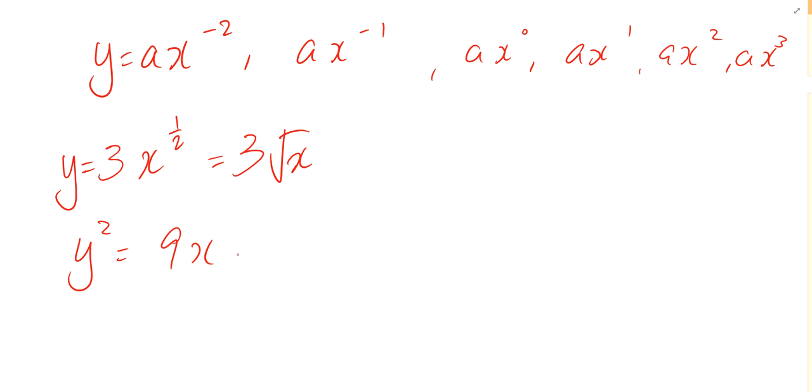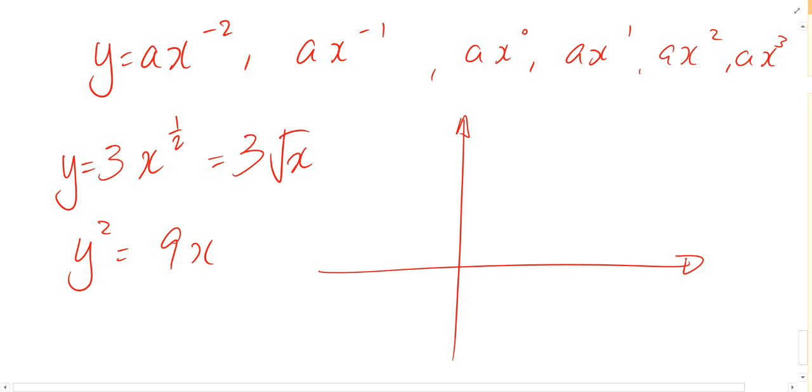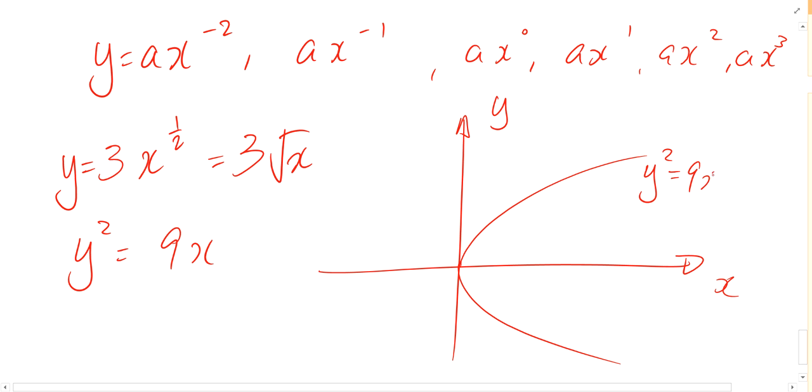So it must be positive, right? If the left side is positive, the right side must also be positive, isn't it? Therefore x must be positive, it is on the right side. So it is a parabola opening to the right. Now this graph over here, it looks like this. So this is y square equals to 9x.